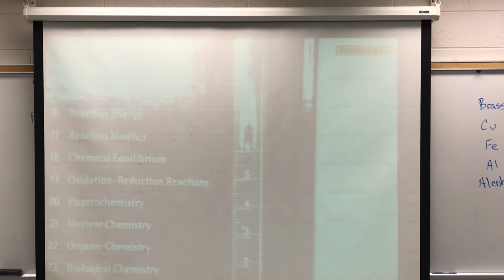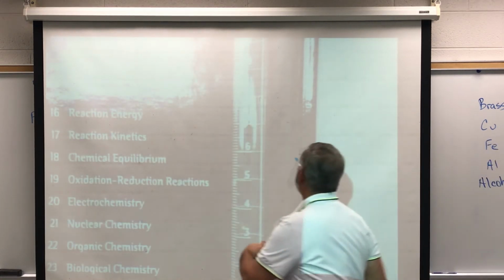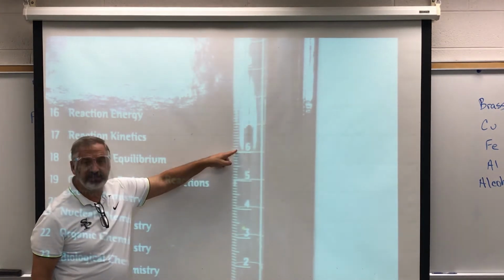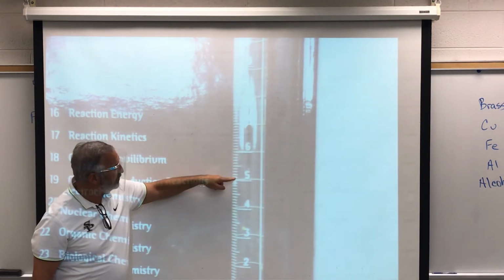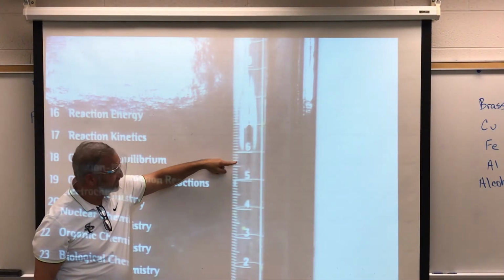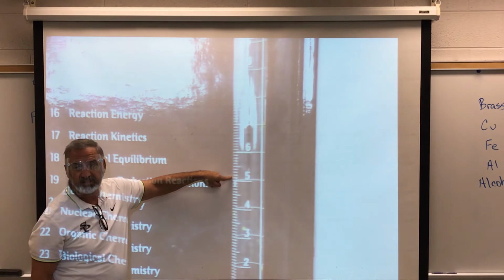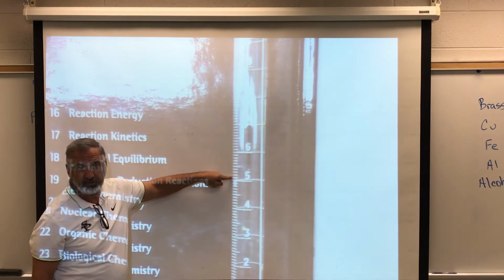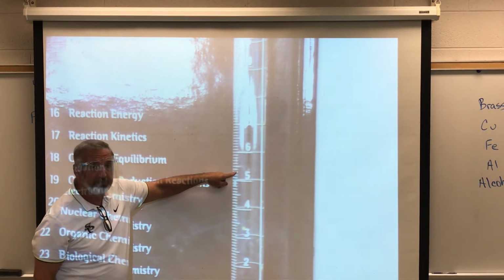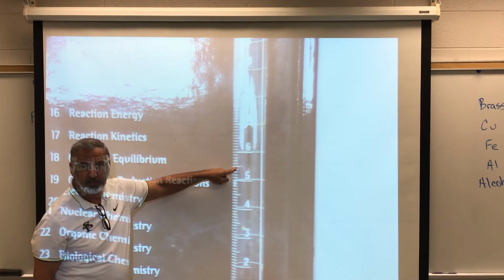Okay, so this is your graduated cylinder. Can you guys see the 4, the 5, the 6? Okay, so what's the smallest? This is 5 milliliters, 6 milliliters. So each line is, well, just in decimal points in terms of milliliters, 0.1, right? So this is 5.1, 5.2, 5.3, 5.4, 5.5, right?